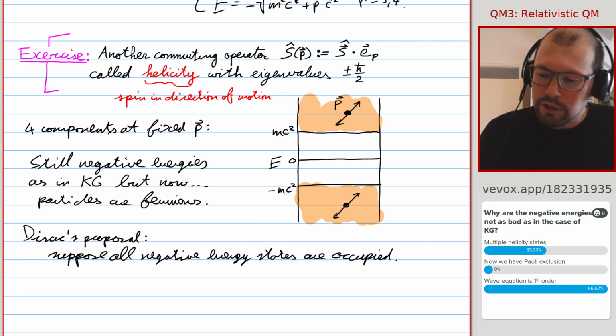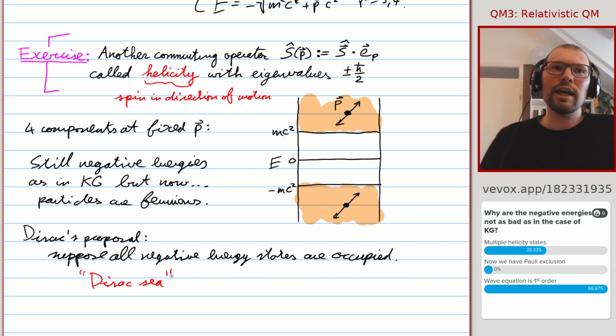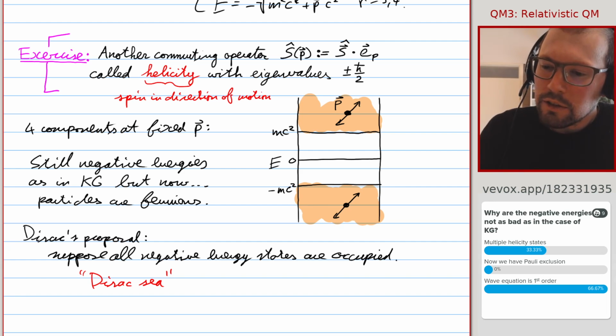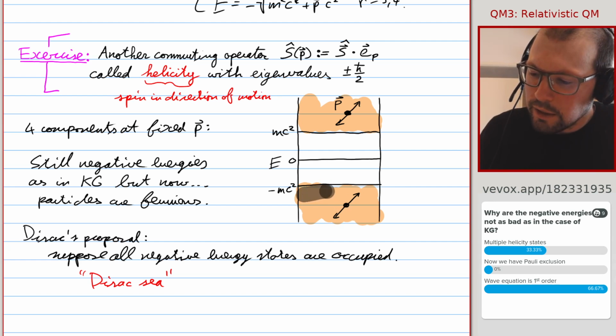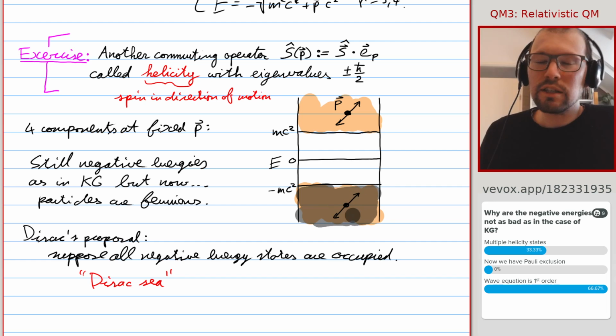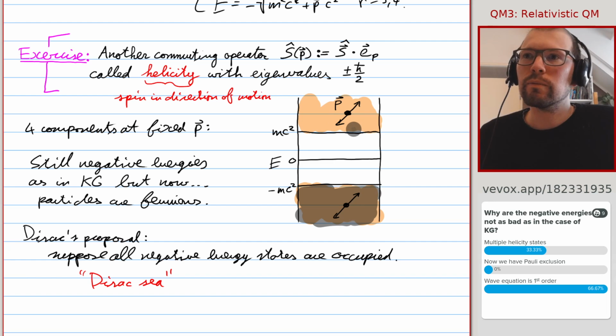This proposal is called the Dirac Sea, in analogy with the Fermi sea in a metal. So what we're saying is perhaps all these states are taken, and then any additional particle that you add can only appear with positive energy.